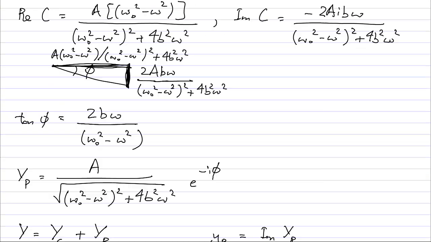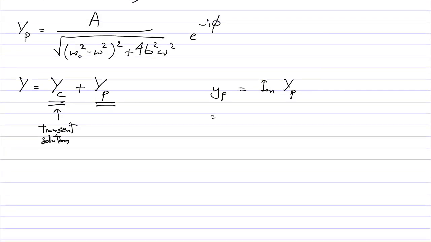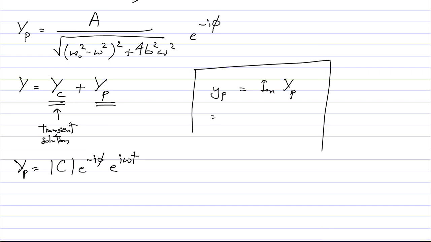So capital Yp, let me just write it down first, is equal to mod c, which we know, e raised to minus iφ, and then e raised to power iωt. So from here you immediately have that small yp will be equal to mod of c, which we know, and when you take the imaginary part of these exponentials, you're going to get ωt minus φ.